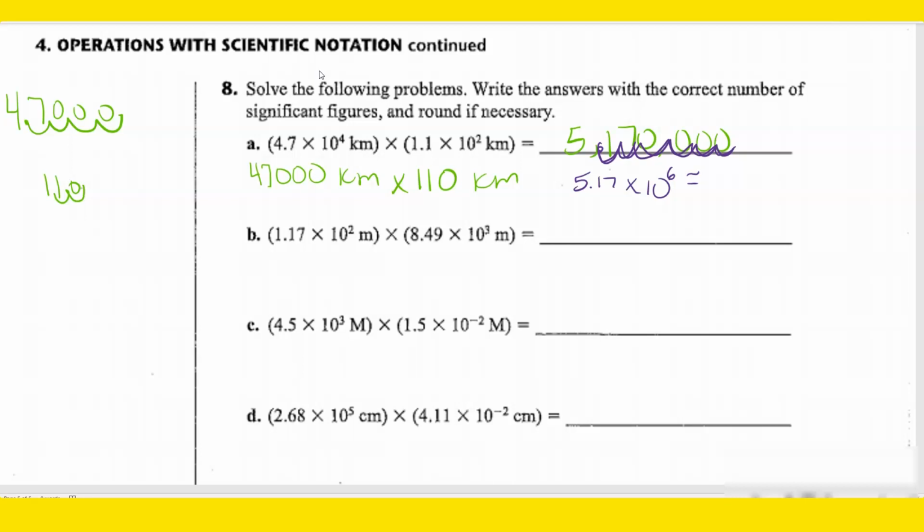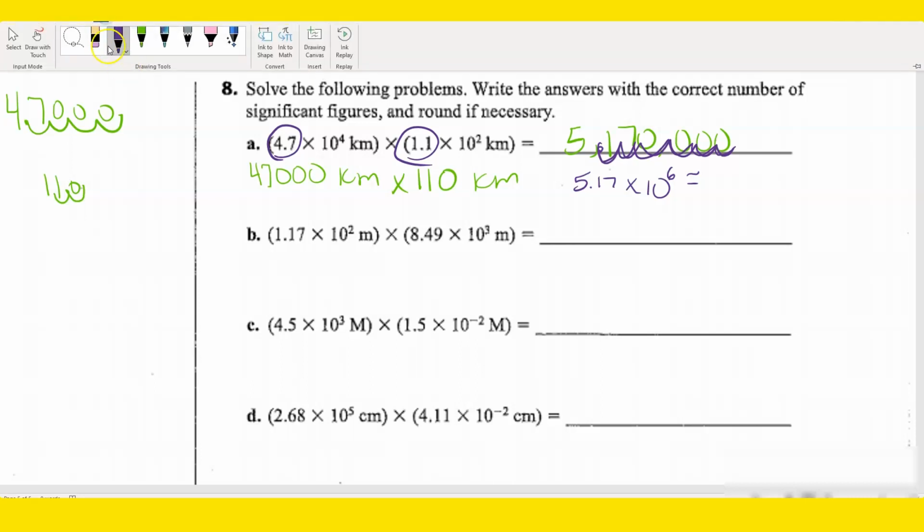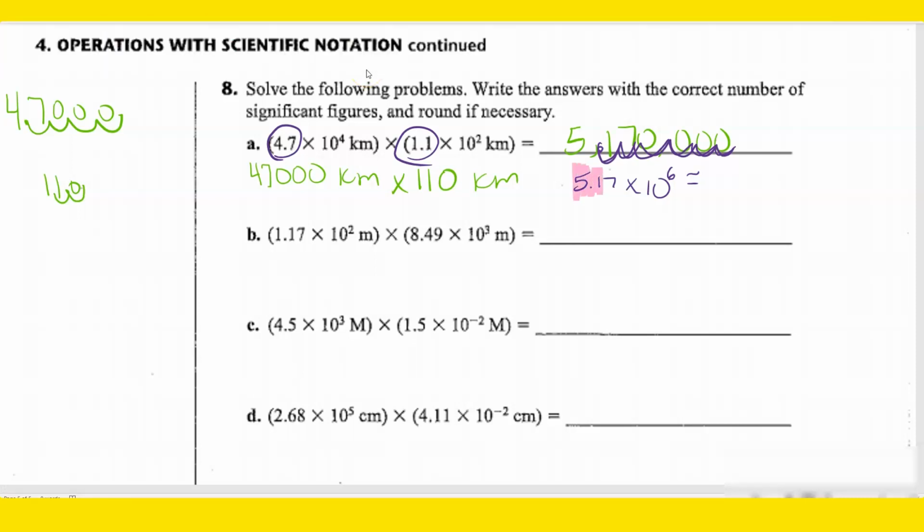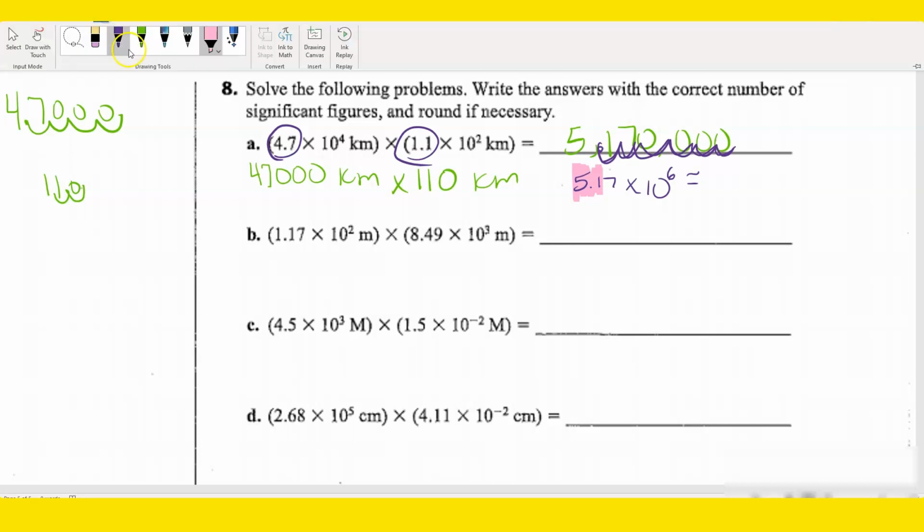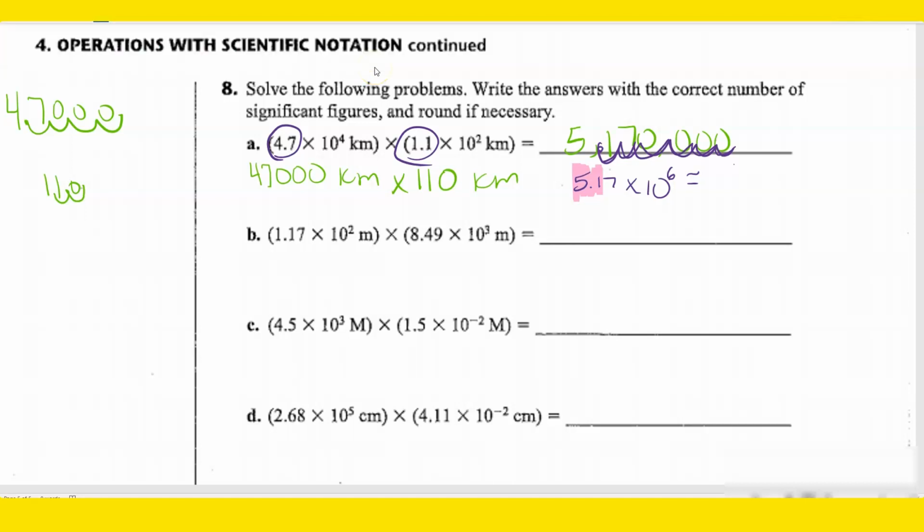You need to make sure you have the least amount of digits in your entire number, so you have to round off. If I shade in just the first 2 significant digits, that 7 tells the 1 to raise up. So you end up with 5.2 times 10 to the 6th power, and that's kilometers squared.